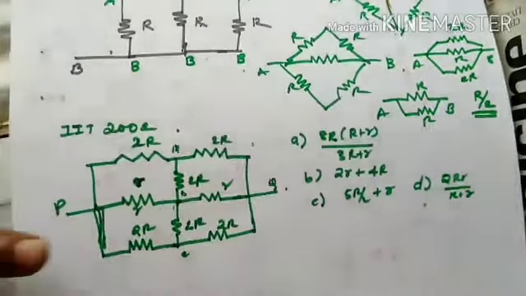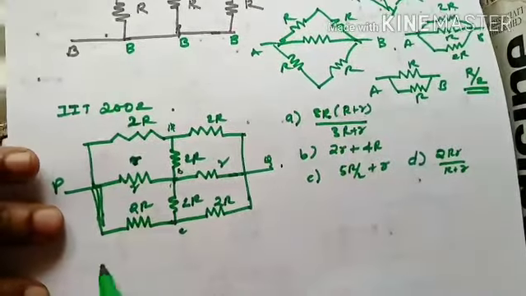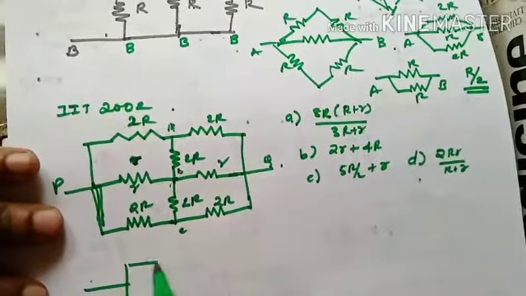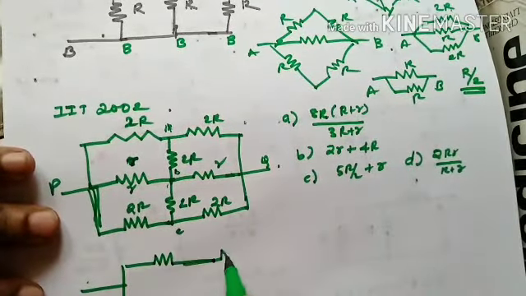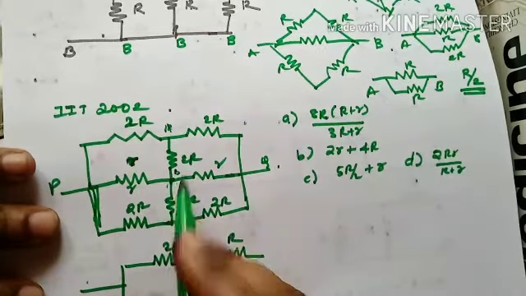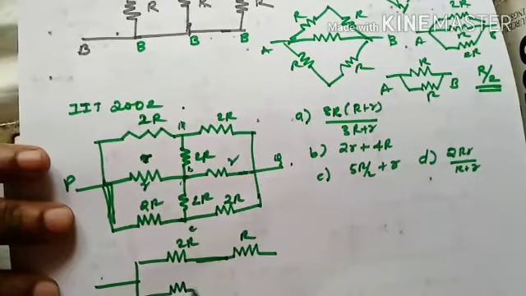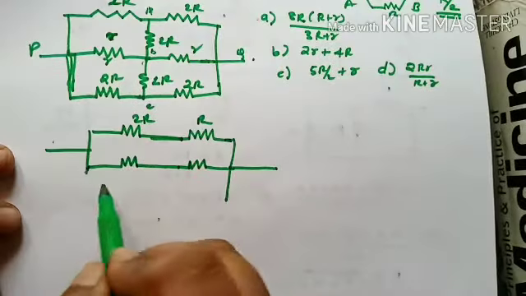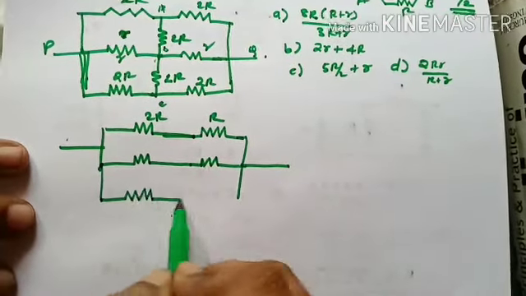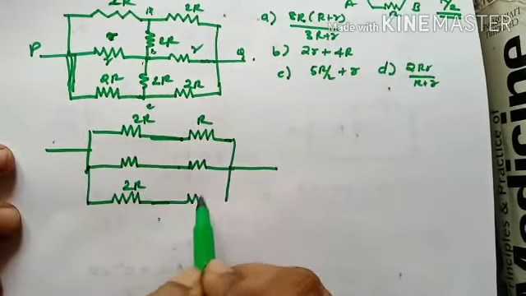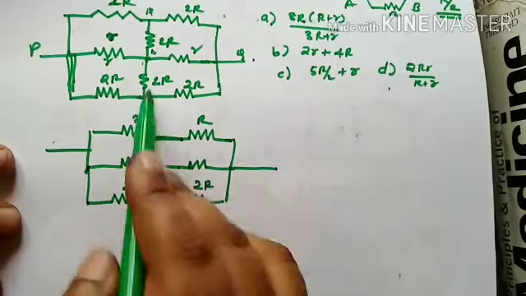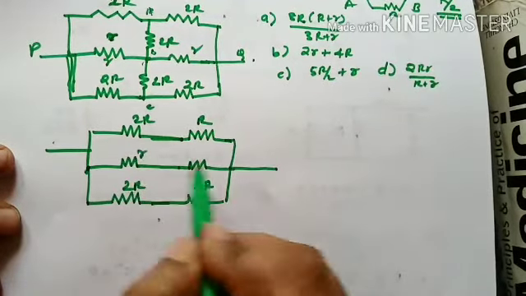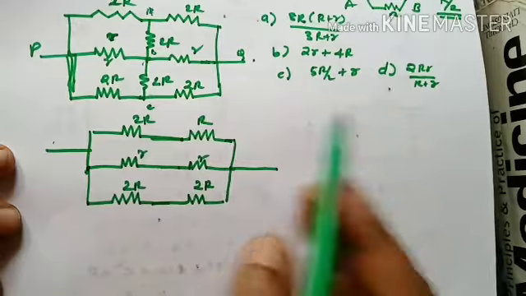Now, how would the equivalent circuit be, guys? It will be like this. 2R, 2R, this 2R goes off, so there is only this R. So this becomes 2R, 2R, and in between, these two go off, R. Now this is easy to solve.